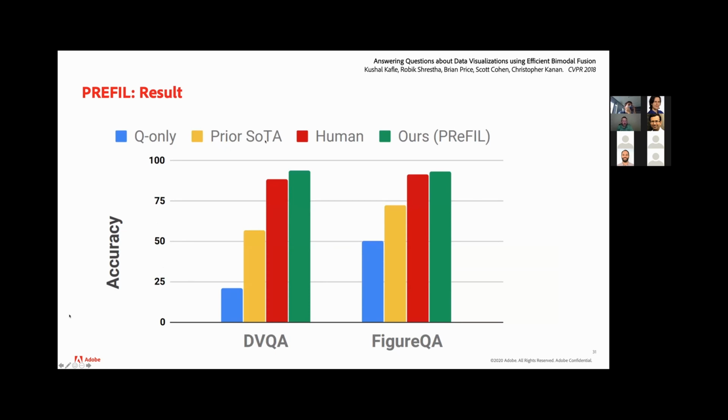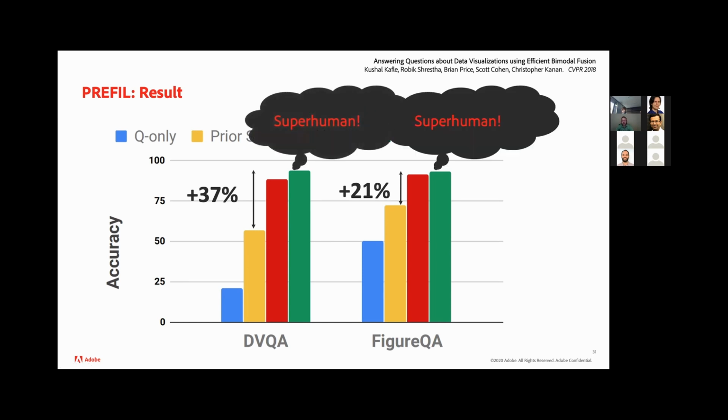And then we marked the prior state of the art on each of these two datasets, our human performance in red, and then our method in green. And you can see, first, we have a huge improvement over the state of the art, 37% on DVQA and 21% on FigureQA. But we are actually outperforming humans on this dataset, which we were surprised by.